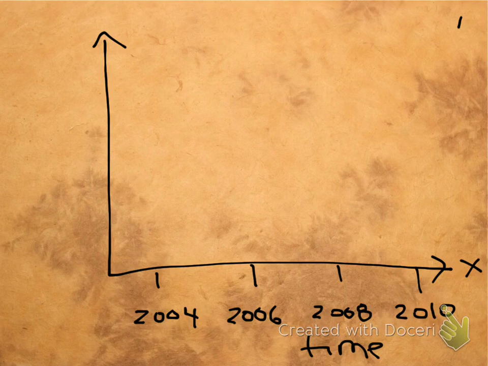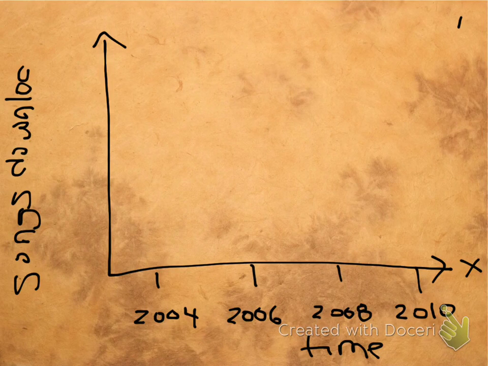And then it says our songs downloaded is our y. So we'll set the songs downloaded up as y. And they told us that we downloaded 500 million songs in 2006 and 200 million in 2004. So we need to start at least at 200 million.